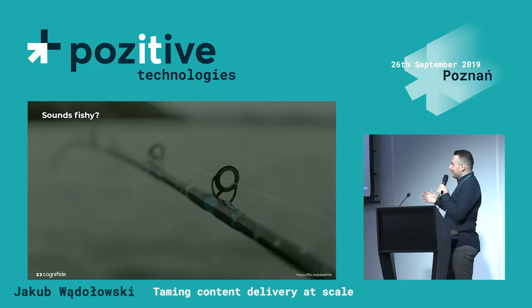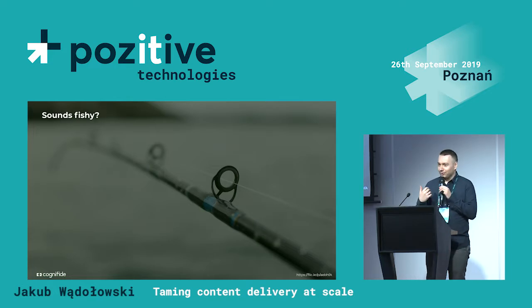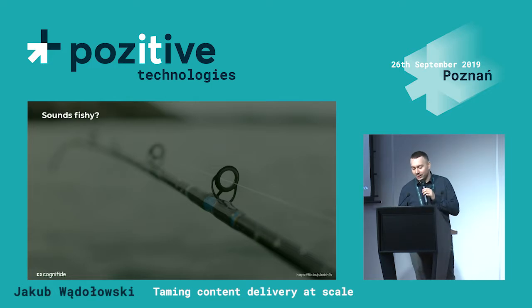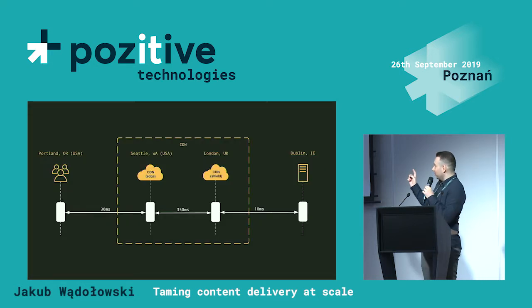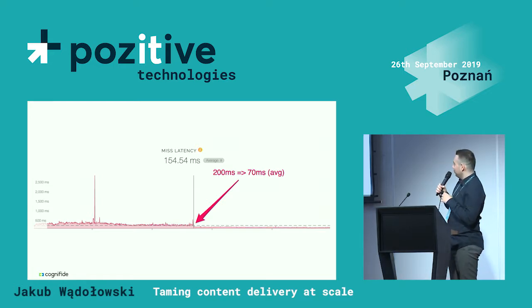And it may sound fishy to you, but that's not necessarily the case. So I'm going to show you an example from an actual production system. This is the moment where we introduced that second level of caching. The miss latency was reduced from about 200 milliseconds on average. That miss latency is the round trip time from the CDN edge server to the application.